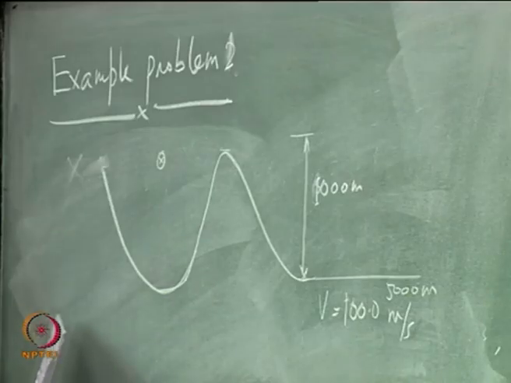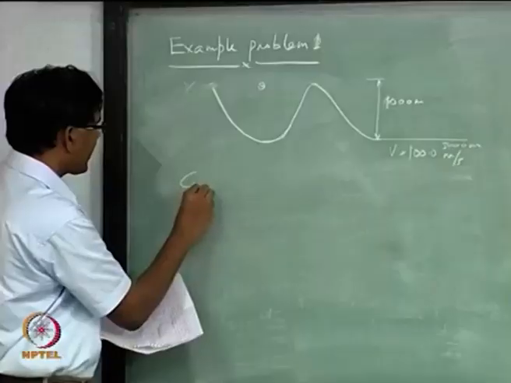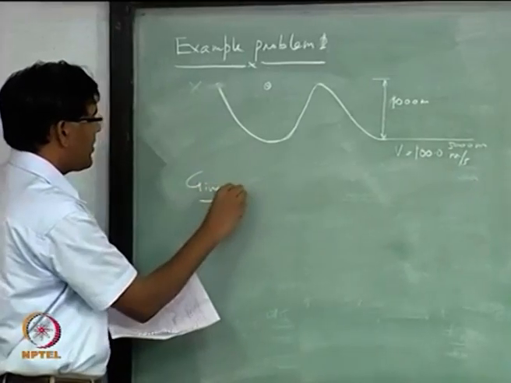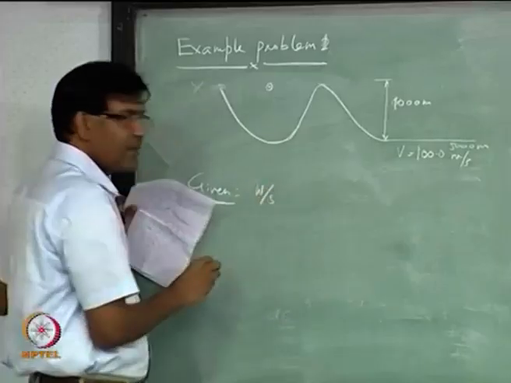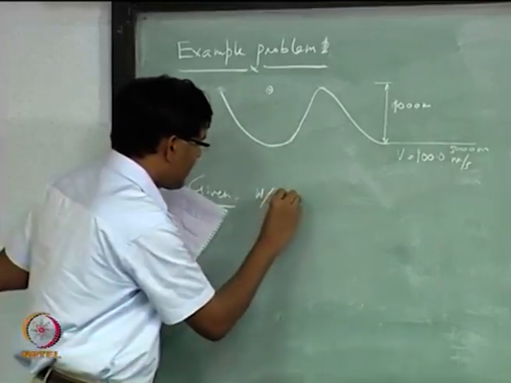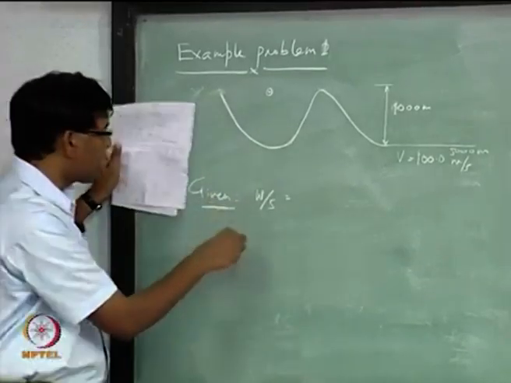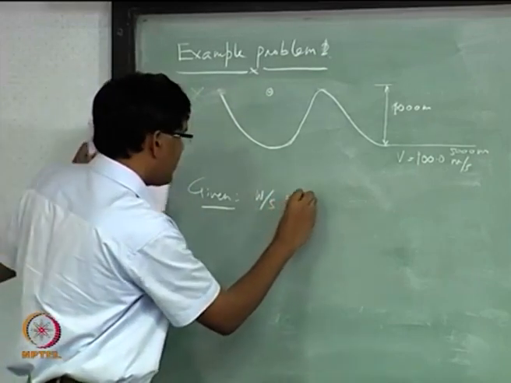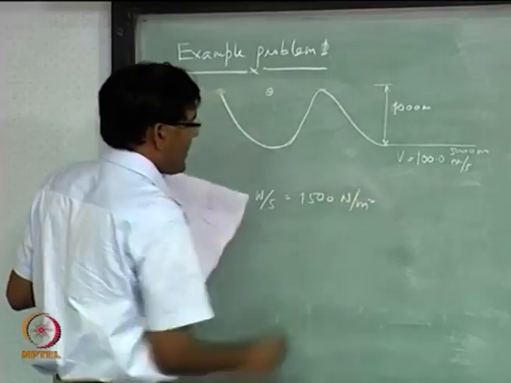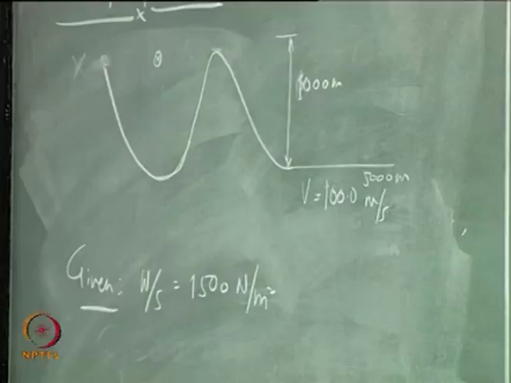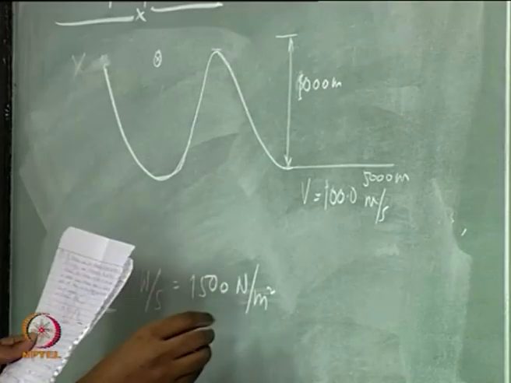So given some data which are like this, wing loading is 1500 Newton per meter squared.